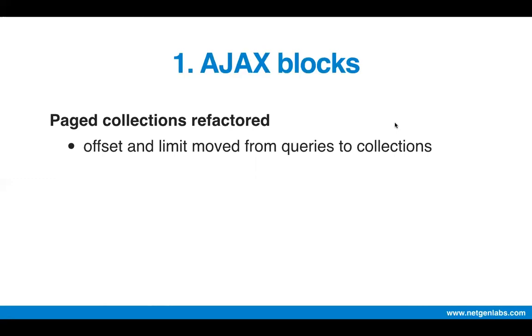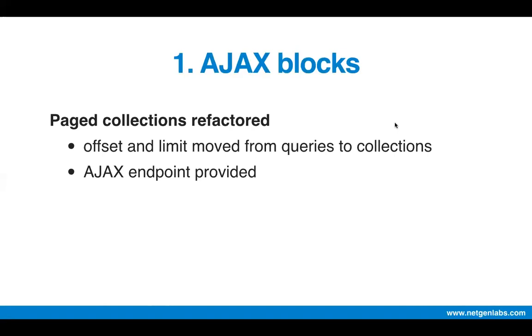A query is something that is fetching content from a backend, and a collection is a bit of abstraction because we need the ability to also mix the items that are fetched from a query with, for example, manual items. So if we want to mix them, we also need to page on that level as well.